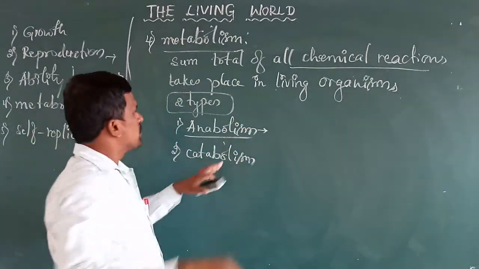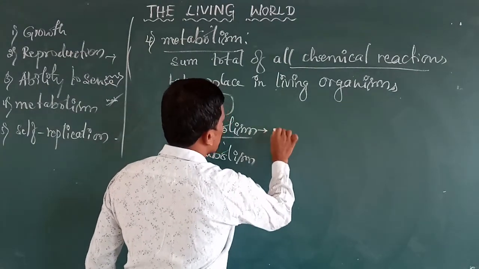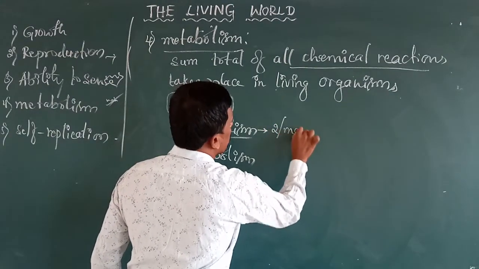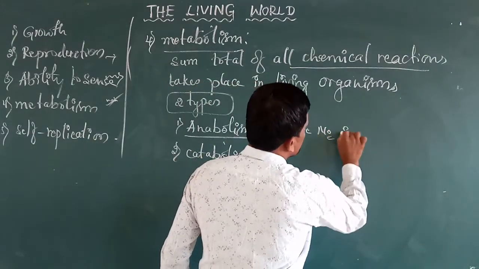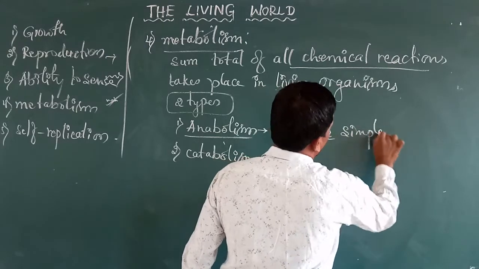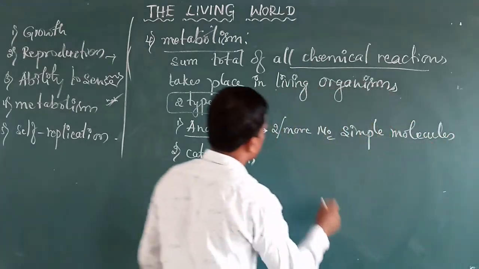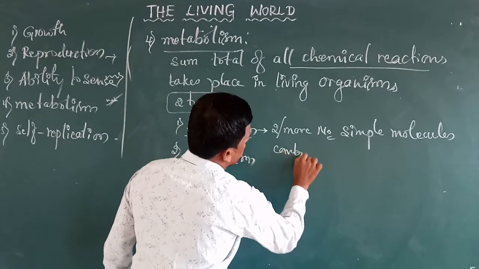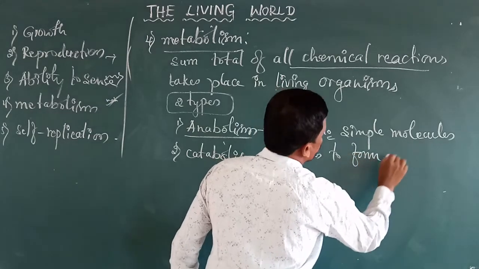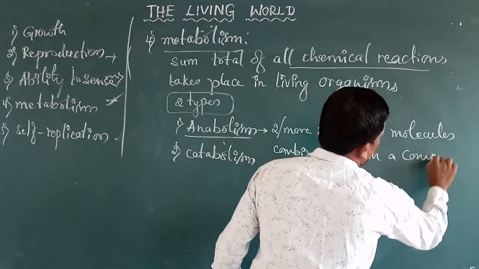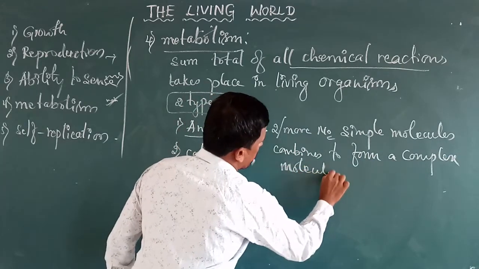Anabolism is defined as two or more simple molecules combining to form a complex molecule.